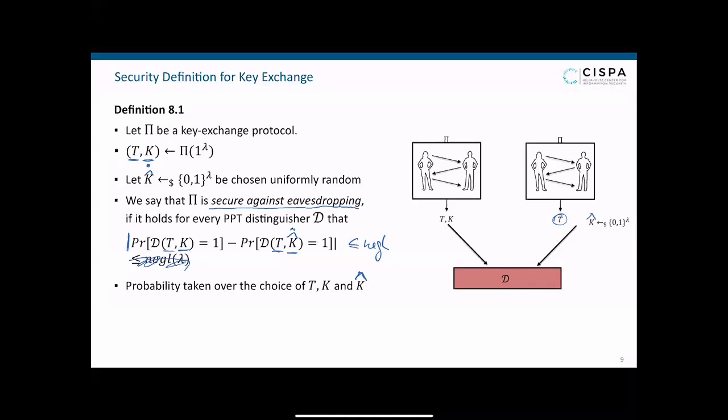On the right side, he gets a transcript and a fresh key. So what does that kind of remind us of? What definitions that we've seen in this lecture is this similar to?